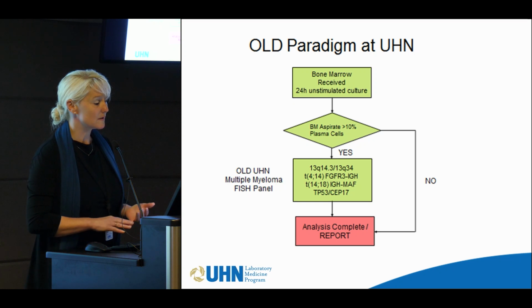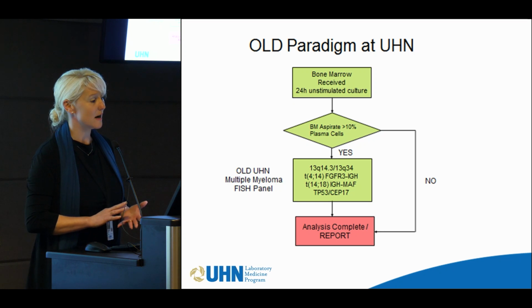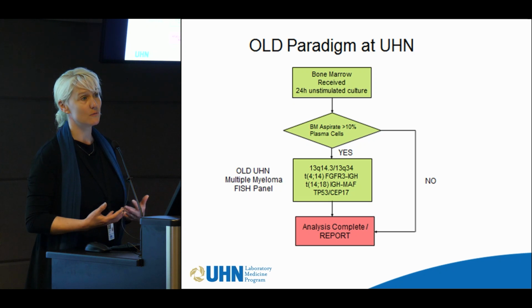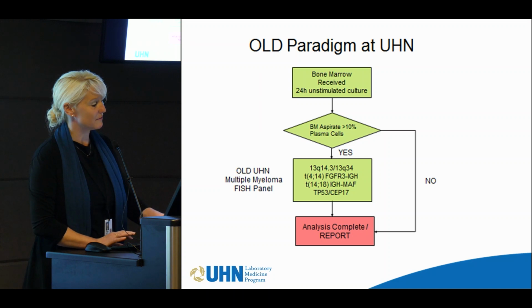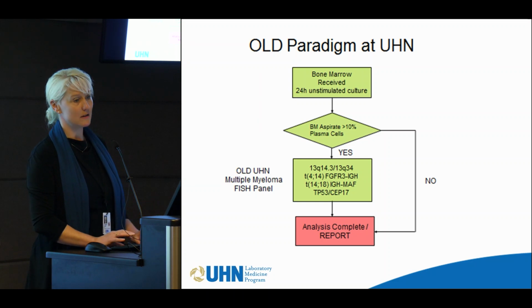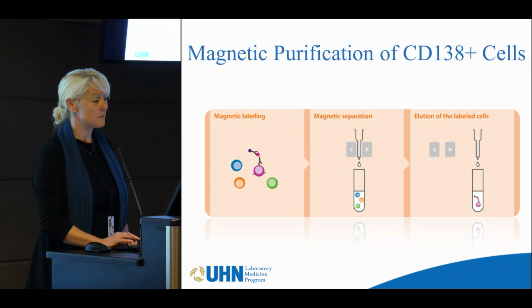So before, we were just looking at 13q deletion, 2 of the IgH translocations, FGFR3 and MAF, and then p53, and then a report would be given. FGFR3, MAF, and p53 are high-risk cytogenetic abnormalities for the patient.